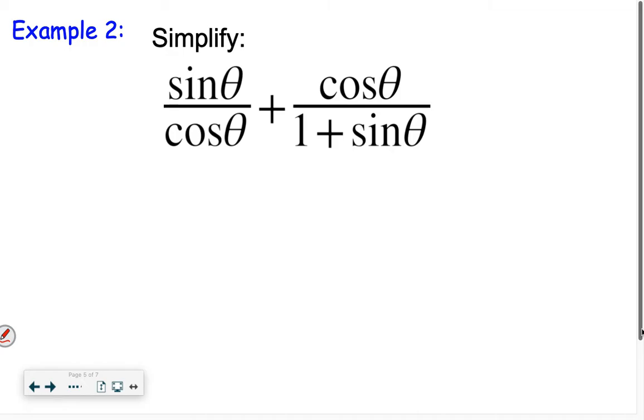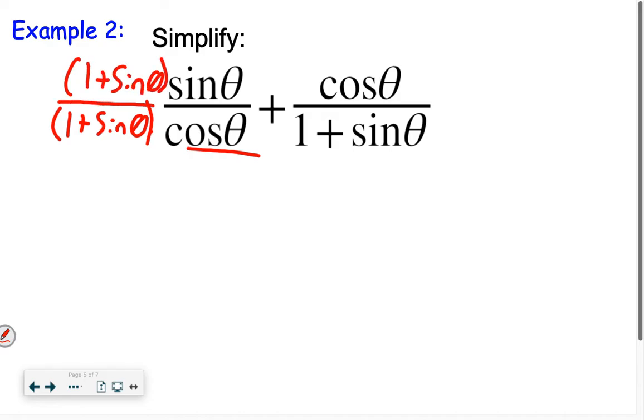Okay, and so this is using some ideas from Algebra 2. Well, what this denominator on the left is missing is a 1 plus sine of theta, right? So I'm going to multiply by 1 plus sine of theta. But we don't want to change the problem, so we have to multiply by a fancy 1. So the same thing on top and on bottom. Well, let's look at the right side now.